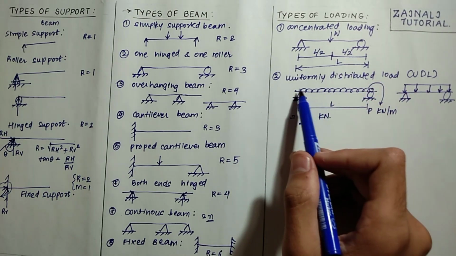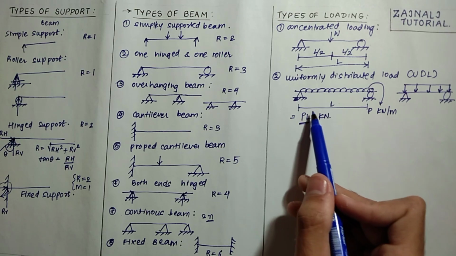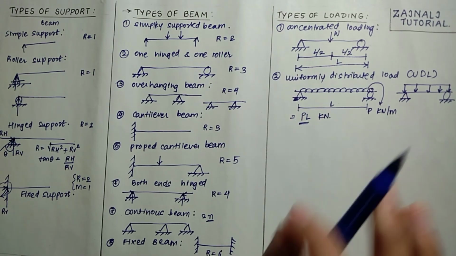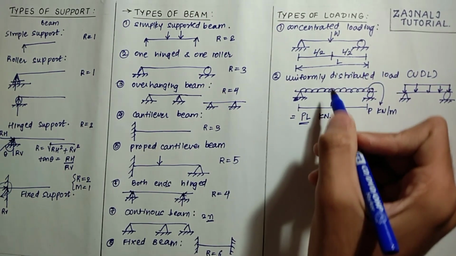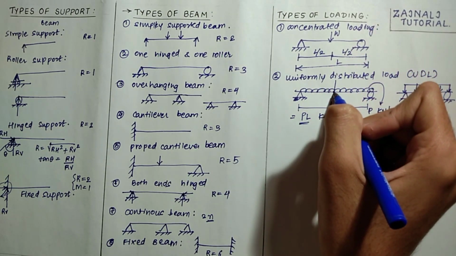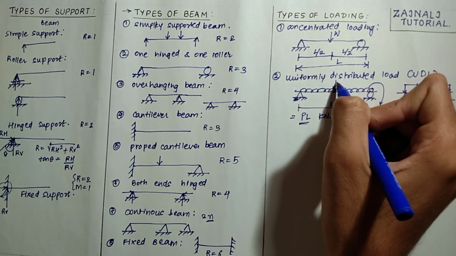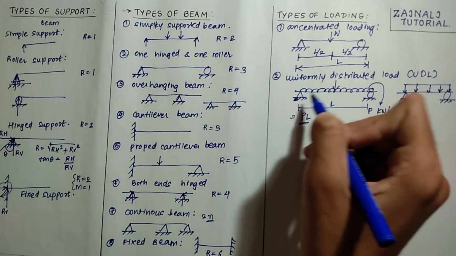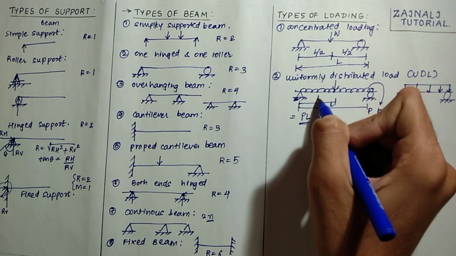It means we have converted this UDL to the point load whose magnitude is PL kilonewton. This would be acting at the centroid of the beam, the center of gravity, at a distance of L by 2.